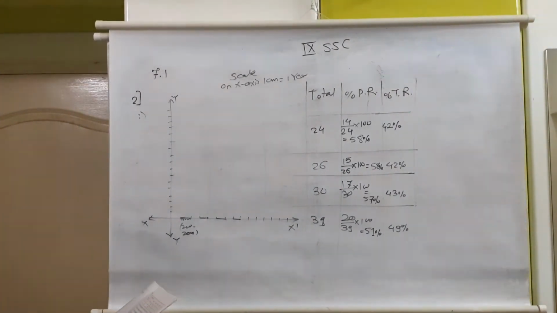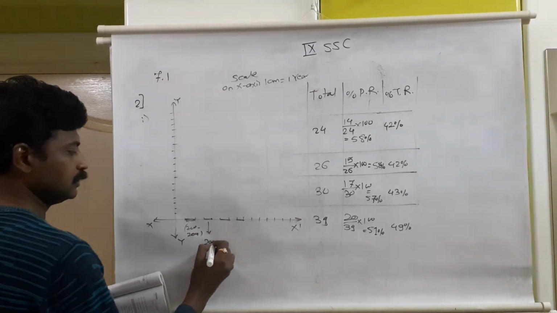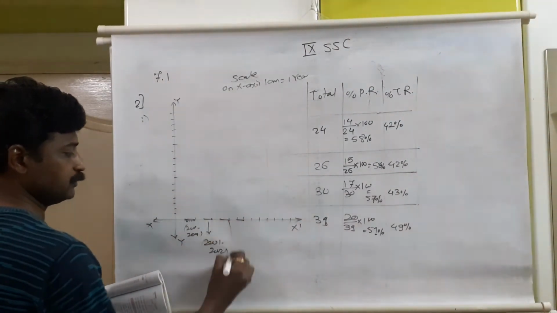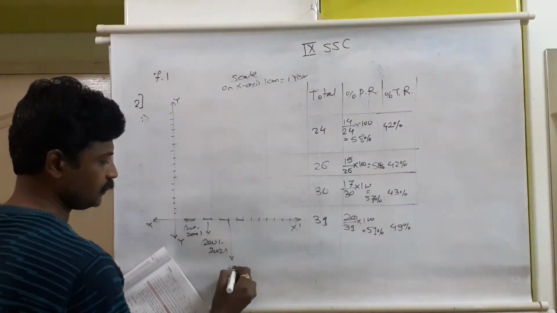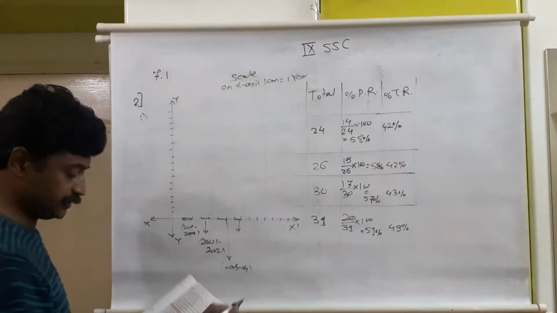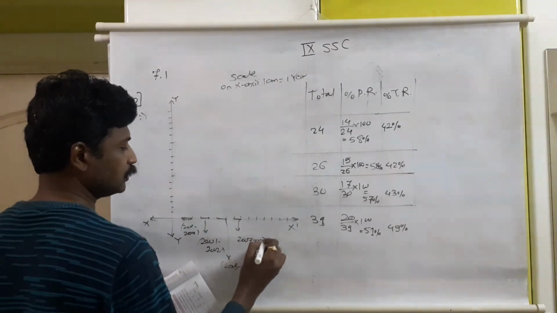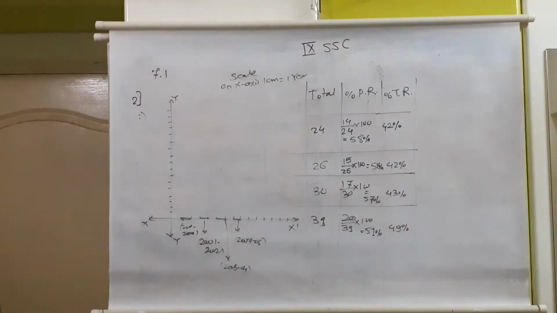Second is 2001 to 2002. Next, this we will consider as 2003 to 2004. And the last, this we will take as 2007 to 2008. So 1, 2, 3, 4: 4 years of information is with us.